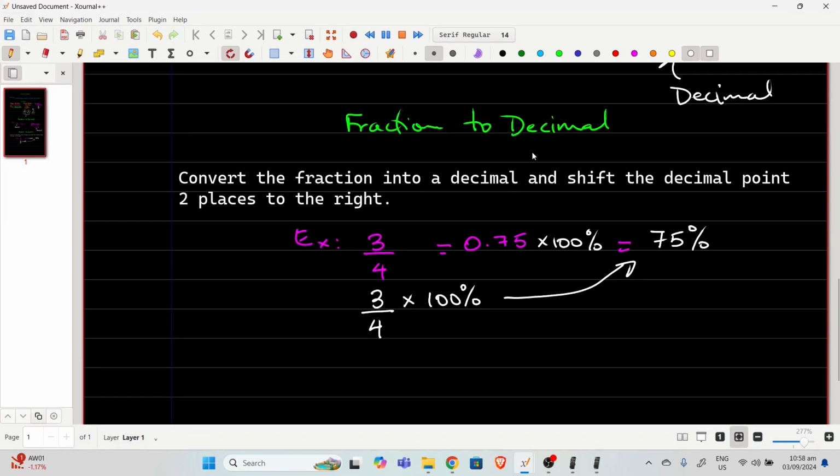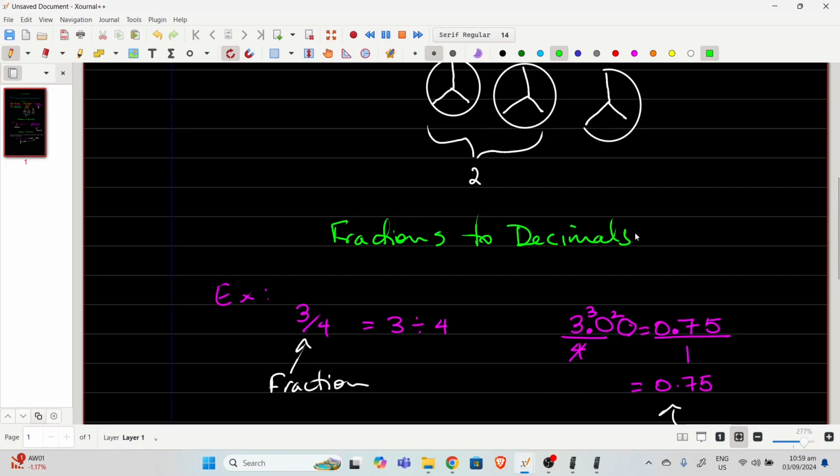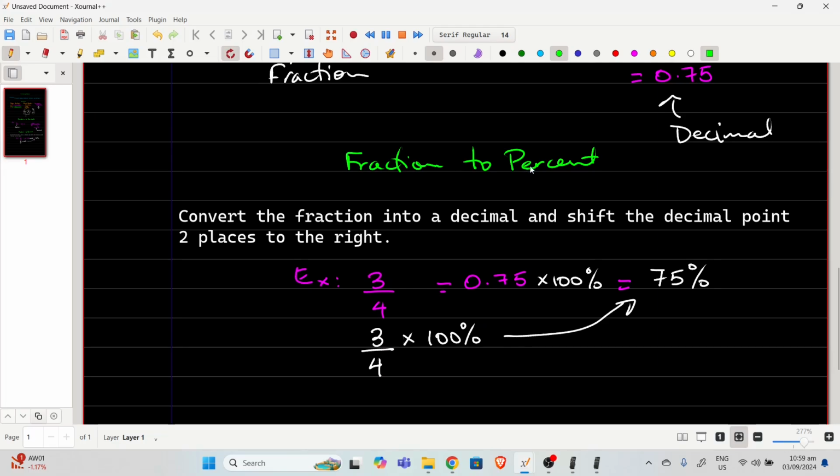All right, so fraction to, ooh, that's the wrong thing, fraction to decimal, fraction to percent. So we have the fraction to decimal and then fraction to percent.